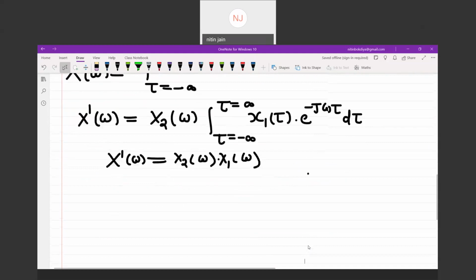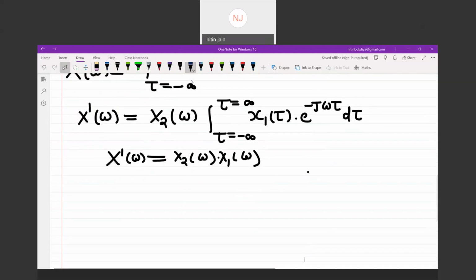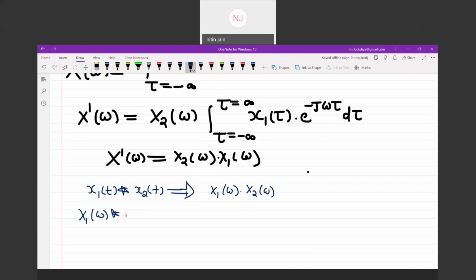So the Fourier transform of x1(t) convolved with x2(t) is equivalent to X1(omega) into X2(omega), while X1(omega) convolved with X2(omega) is equivalent to, how much?